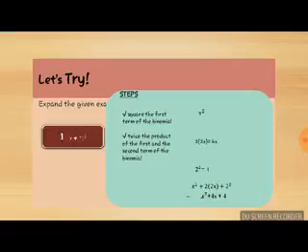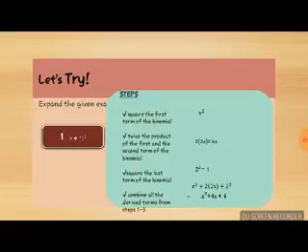Multiply it by 2, it will become 4x. Next, square the last term of the binomial. 2 squared is equal to 4. And lastly, combine all the derived terms from steps 1 to 3. So x squared plus 2 times 2x plus 2 squared is equal to x squared plus 4x plus 4.